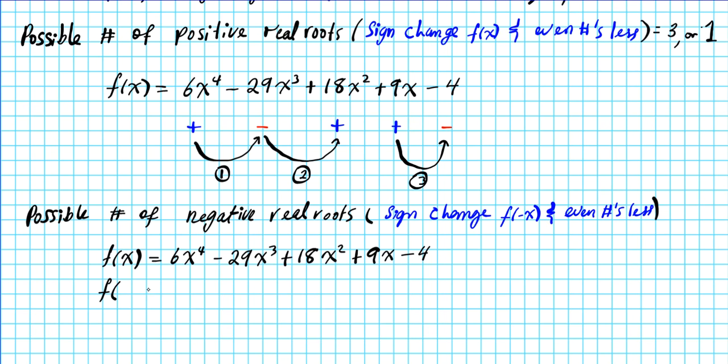f of negative x simply means you evaluate the original function at negative x. So we're going to replace all the x's in this function with negative x.